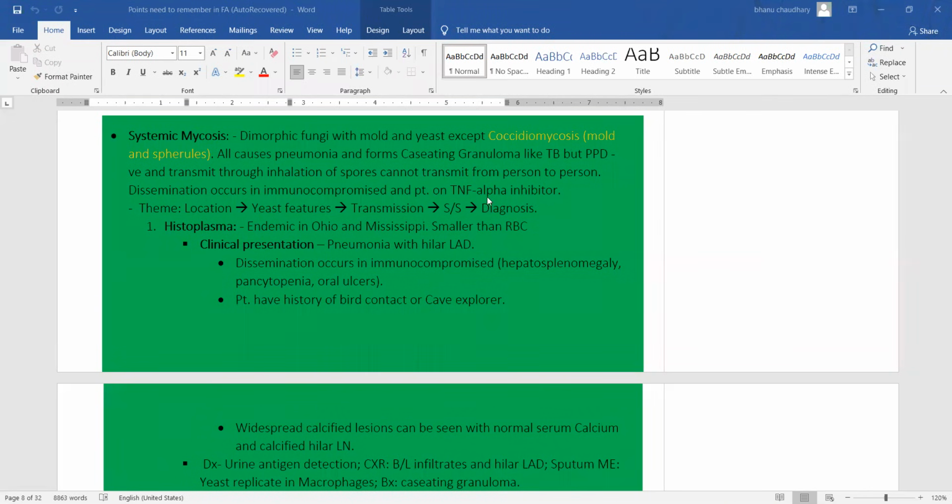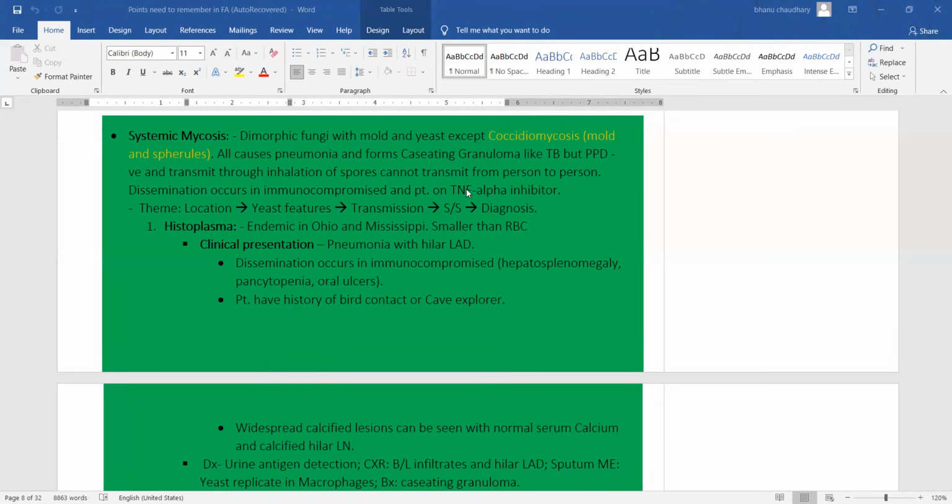So if you are on TNF alpha inhibitor therapy or are immunocompromised, then you are likely to get disseminated infections at various organs. But all of them initially cause pneumonia with granuloma. Okay, so we have organized it into themes. First, we will discuss the locations where the different fungi are found. Then we will discuss the yeast features, what you will see in the biopsy or microscopy of the patient. Then we will discuss how the transmission of the disease occurs.